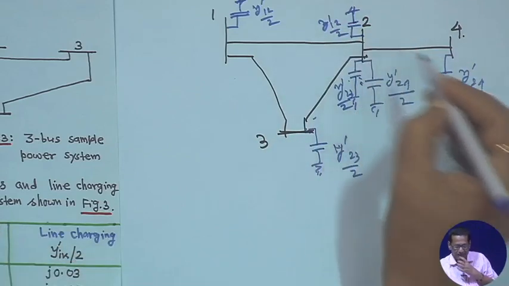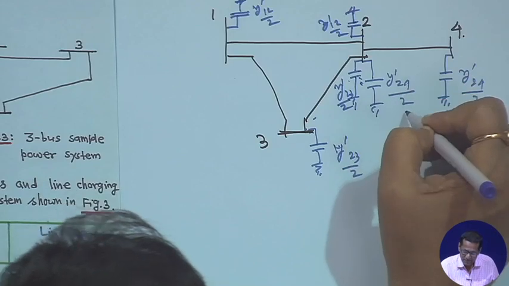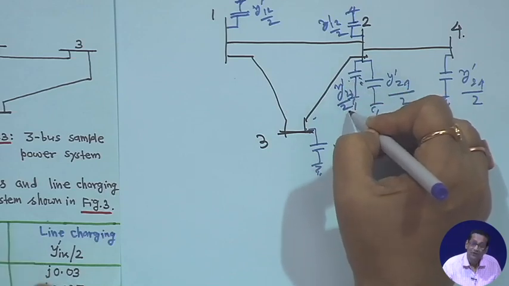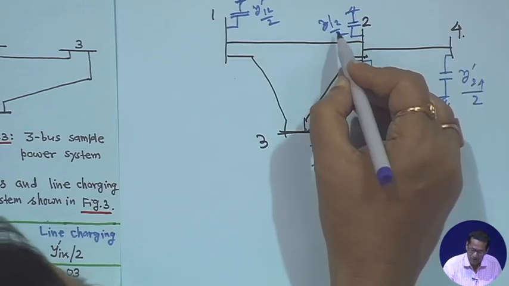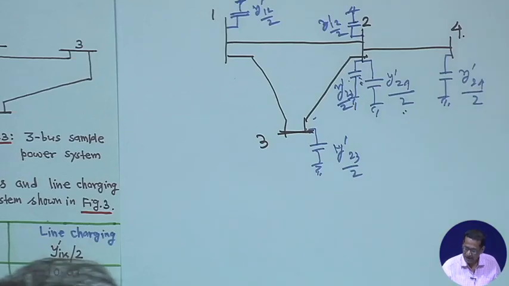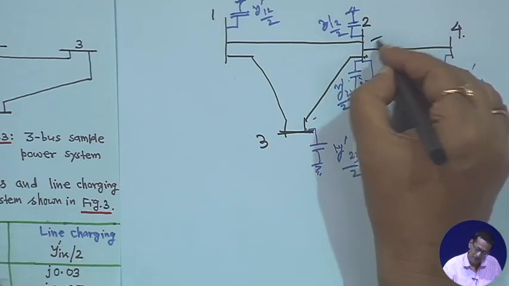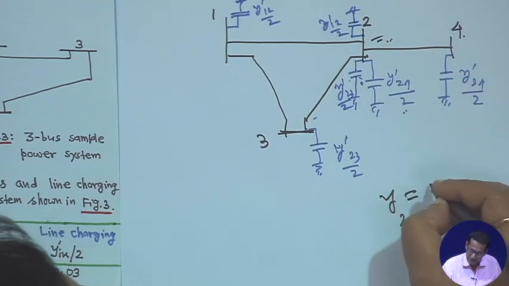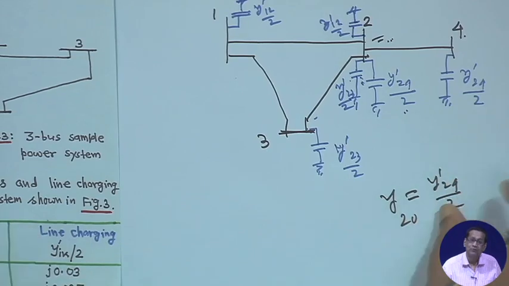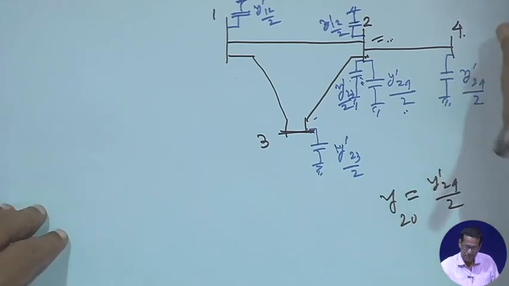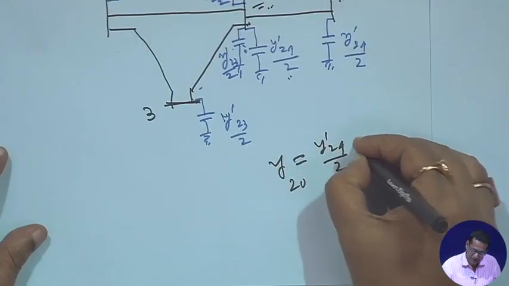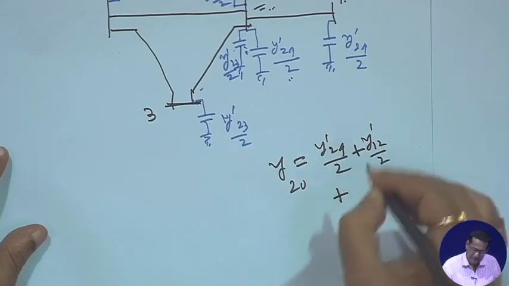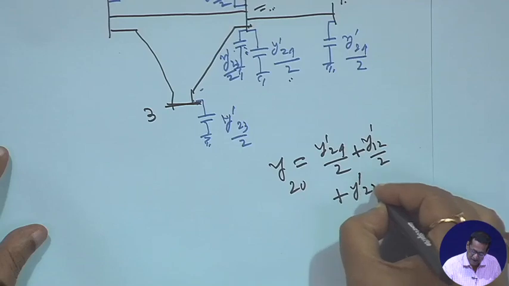That means, at bus 2, because of line 2 4 you have y dash 2 4 by 2, for line 2 to 3 y dash 2 3 by 2, and because of line 1 to 2 y dash 1 2 by 2. At bus bar 2, the total charging admittance we can put as y 2 0 equal to y dash 2 4 by 2 plus y dash 1 2 by 2 plus y dash 2 3 by 2.